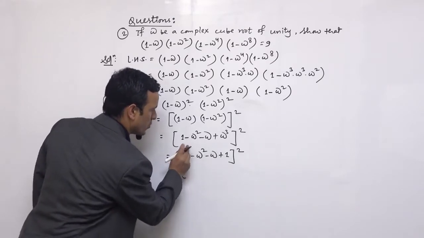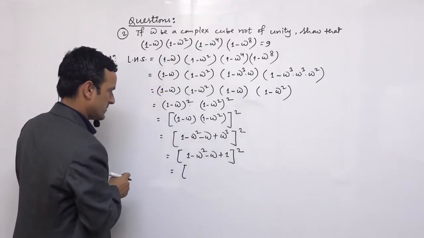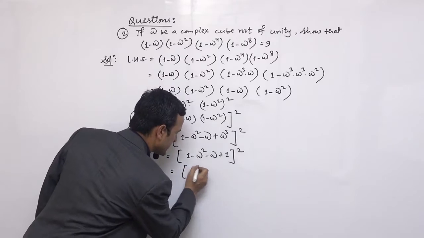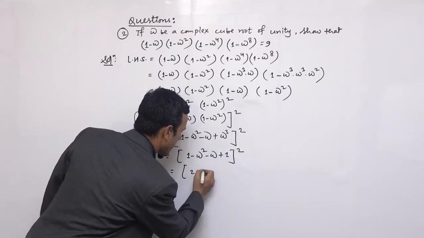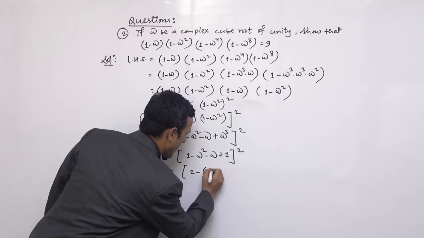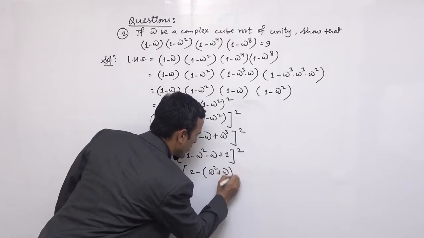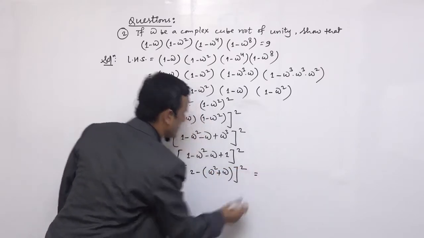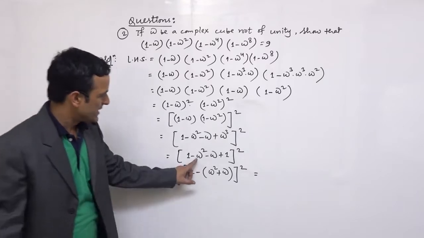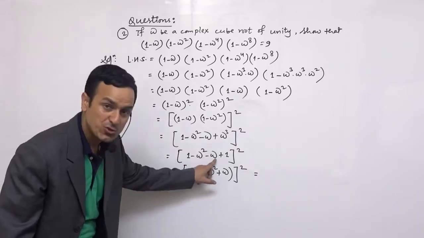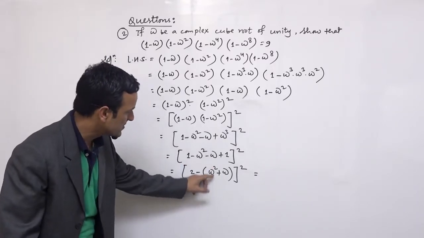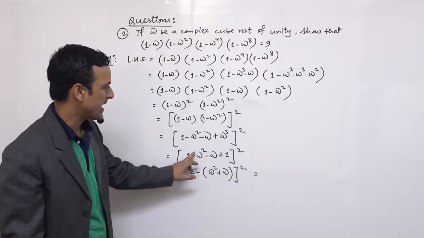Now 1 plus 1 is 2, minus omega square plus omega. If you take minus common from these 2 terms, we get 1 plus 1 is 2, and minus common.